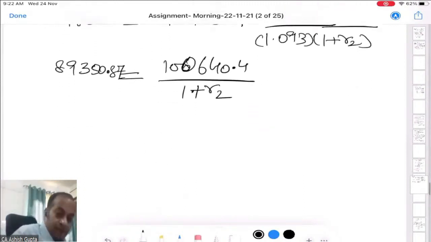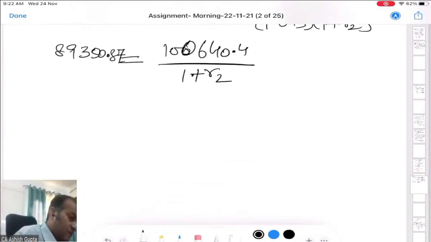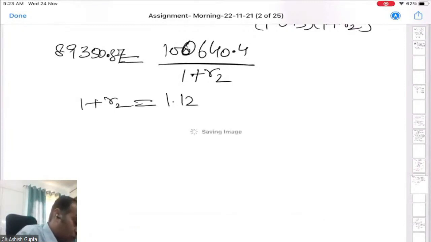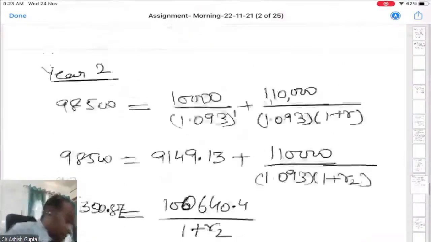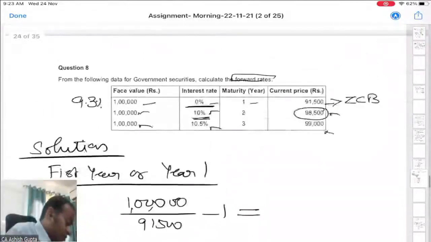So when we solve it, we get the value. So here, forward rate for the second year will be 12.63%.